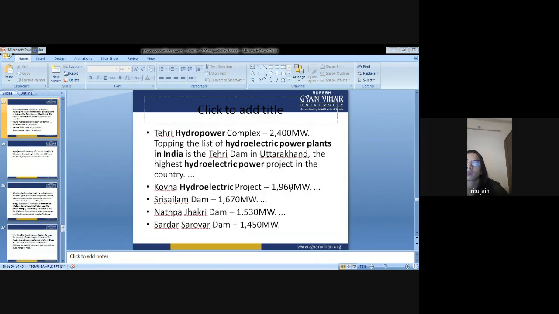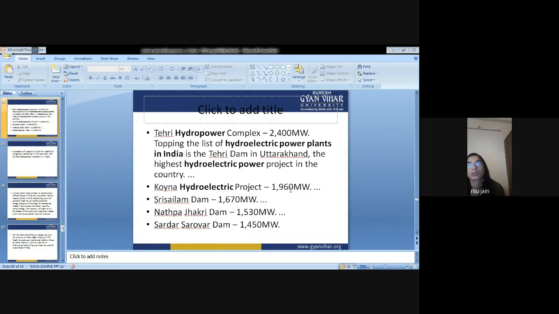There are many power plants, which I'm going to show you, that generate very high power. The Tehri Hydropower Complex generates 2,400 megawatt. Topping the list of hydroelectric power plants in India is the Tehri Dam in Uttarakhand, the highest hydroelectric power project in the country. Next is the Koyna hydroelectric project, which generates 1,960 megawatt.